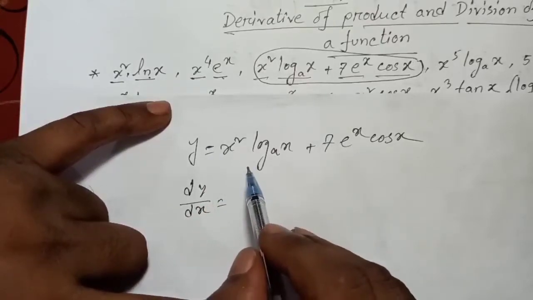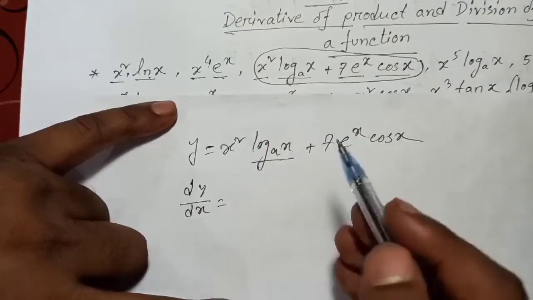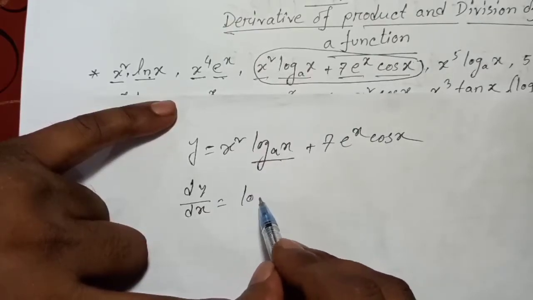If we do the derivative of x squared, then log base a x will be what? Constant. So, excellent, guys.